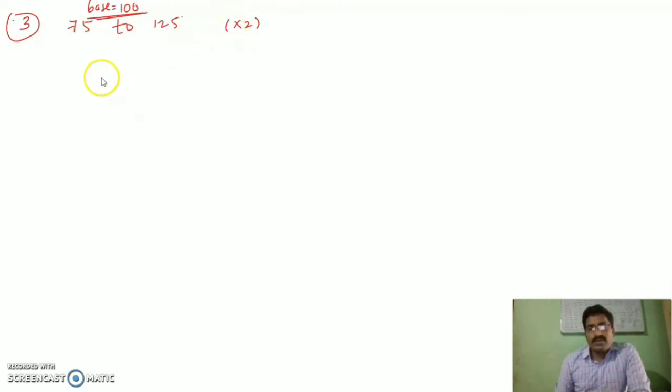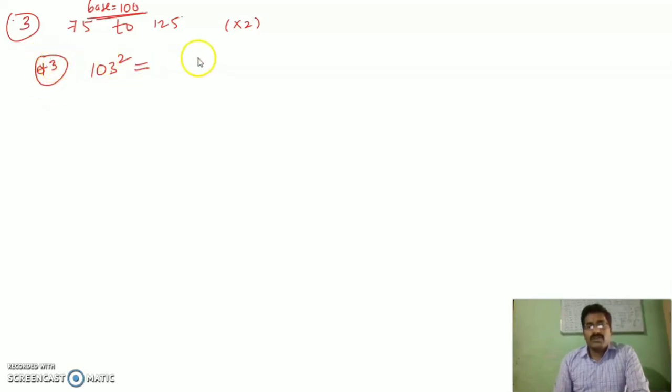So let us see some examples. Suppose 103 square how much? 103 is how much more than 100? Here base value how much? 100. So compare every number with 100 only. 103 is how much more than 100? 3.